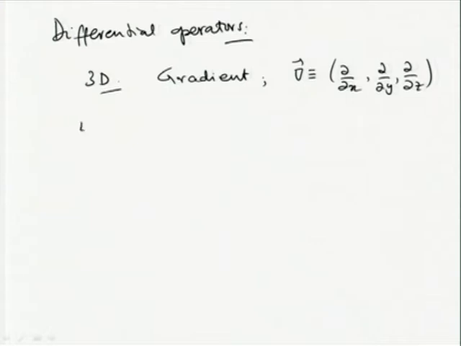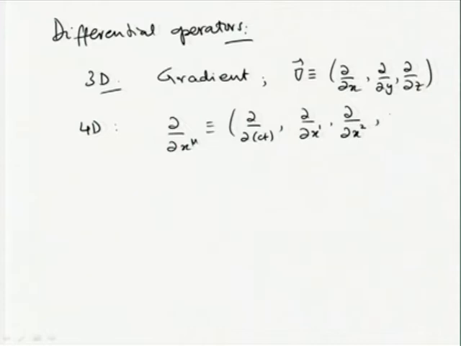The 4-dimensional generalization of this can be written as ∂/∂x^μ, which is ∂/∂ct, our 0th component, and ∂/∂x^1, ∂/∂x^2, ∂/∂x^3, that is ∂/∂x, ∂/∂y, ∂/∂z.